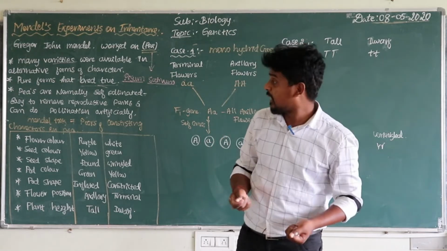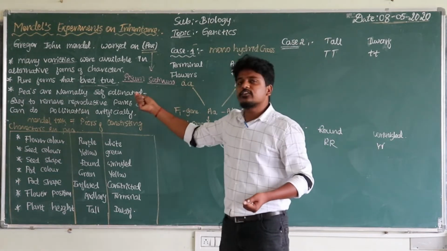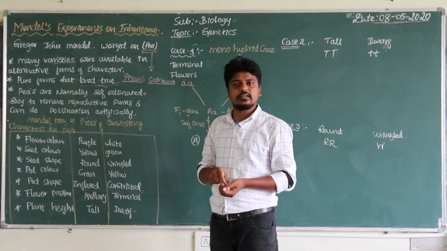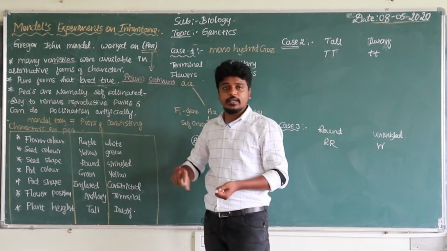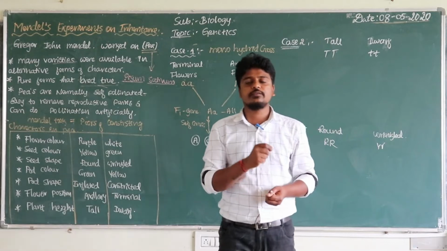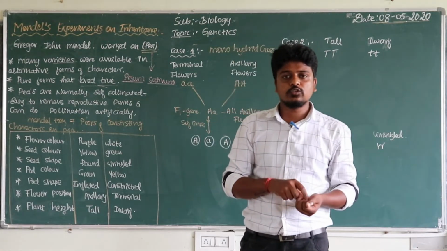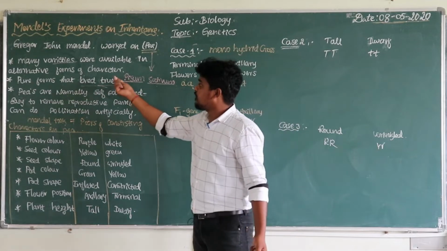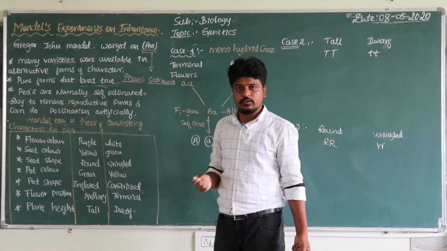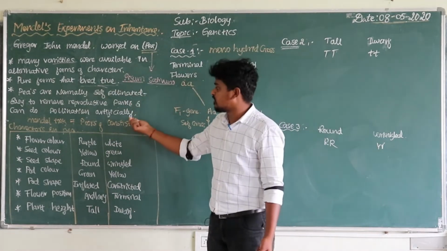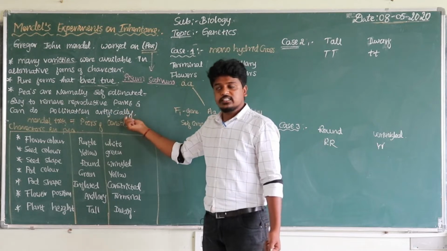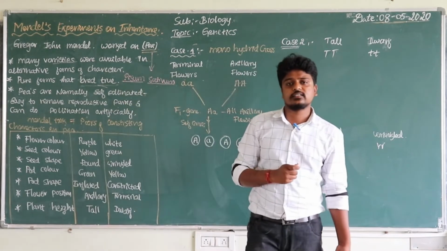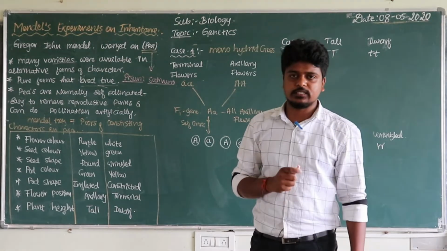In the case of a pea, it's easy to remove the reproductive parts so that instead of self-pollination, you can do artificial pollination. That will help you get new varieties or a continuation of the same kinds of varieties. Understood? So these are the three reasons why he selected the pea plants for experimental purposes.